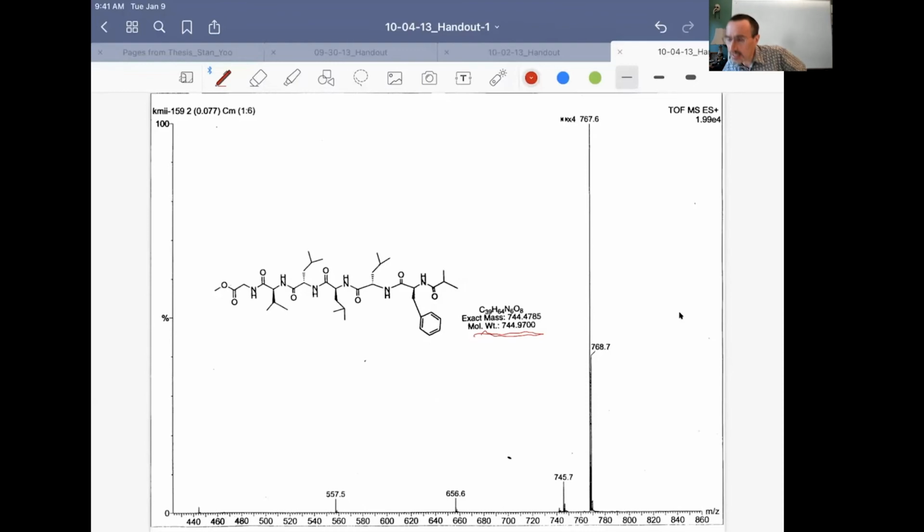So in this molecule with a formula of C39H64N6O4, some of your carbons may be C13. You may also have a little deuterium or nitrogen 15 or oxygen 17 or 18.